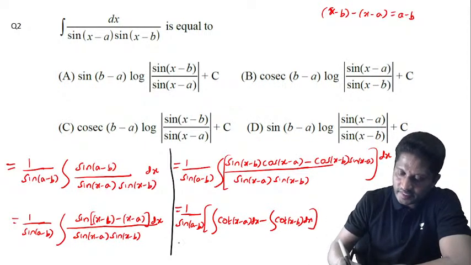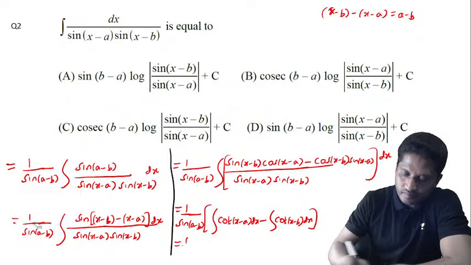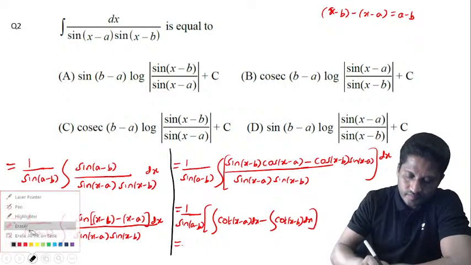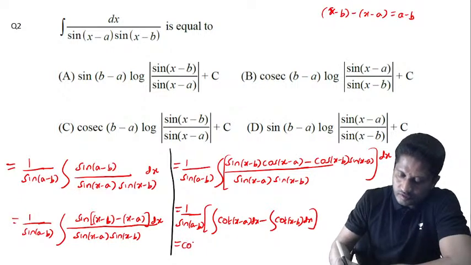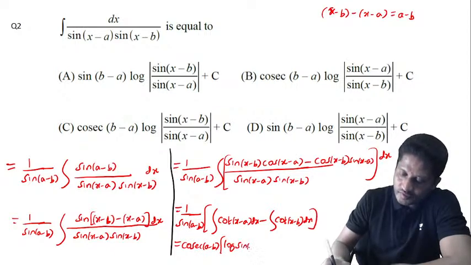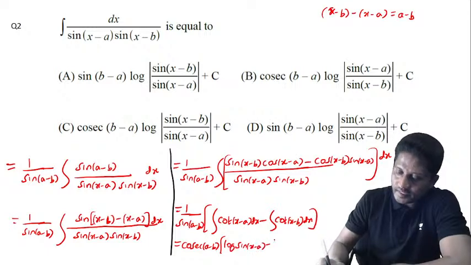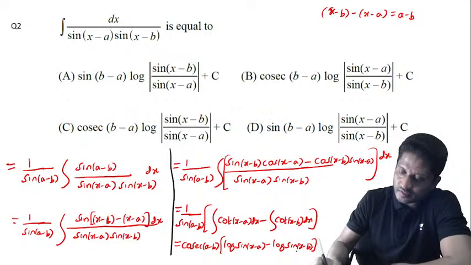Right, now integration of, this is 1 by sine is cosec, right? So this becomes cosec of a minus b. Okay, and integration of cot x is log sin x, you get log of sine of x minus a. Again, integration of cot x is log sin x, log of sine of x minus b, and plus c.